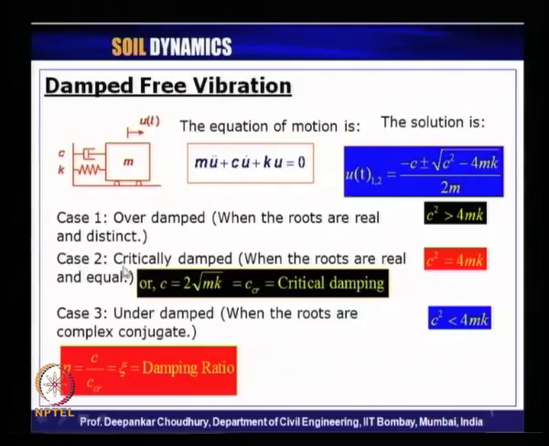The second case, when the roots are real and equal with the condition of c square equals to 4 m k, that is called critically damped free vibration. And the third case, which is the condition with roots are complex conjugates, arise due to c square less than 4 m k, is called under damped free vibration.